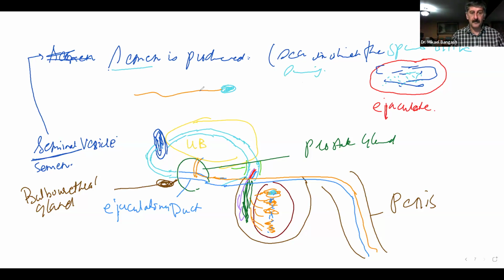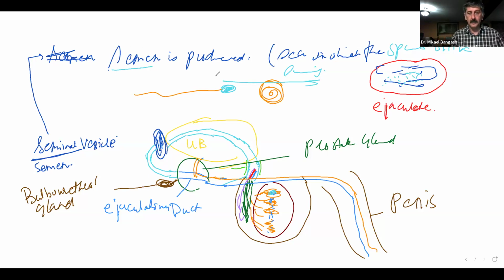It curls like this and then straightens out, and what that does is push the sperm ahead.